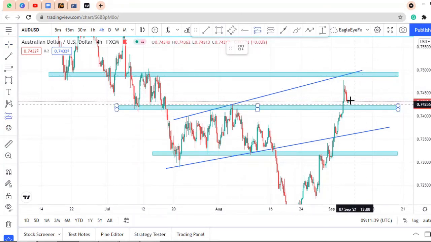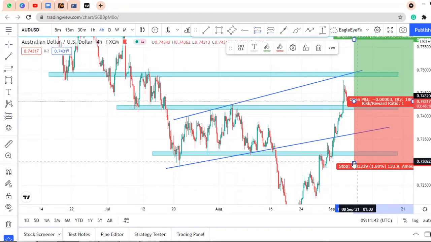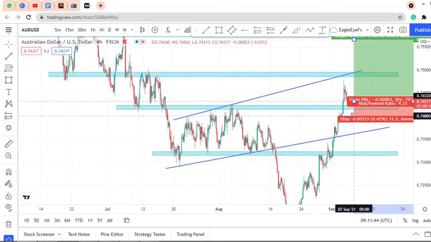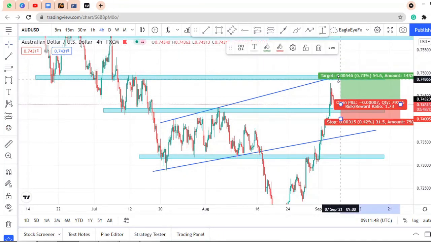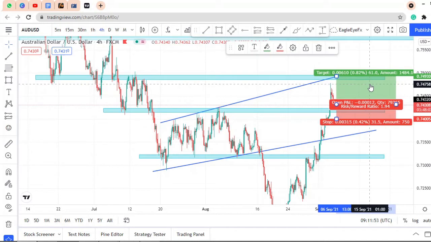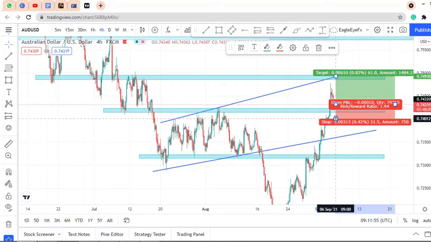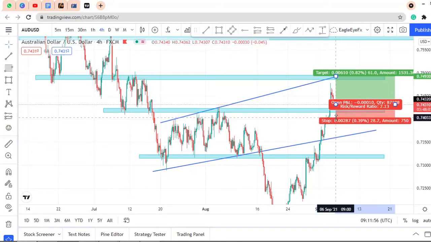So you enter your buy, put your stop loss just somewhere below there, and then target this place over here. So you can try to see if we can get maybe 2 times.